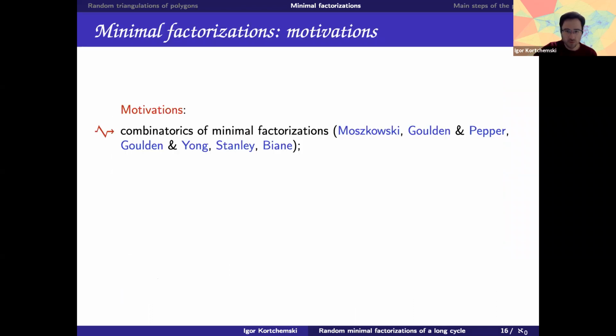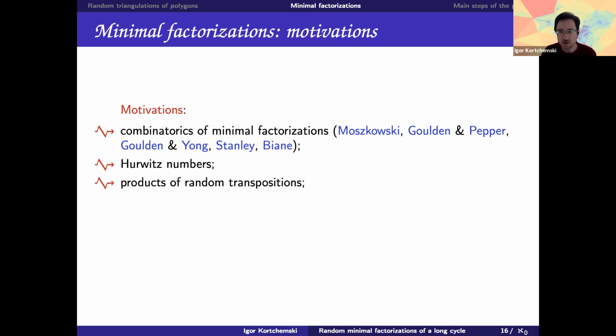And we had some motivations in mind. First, there is a very rich combinatorial structure of minimal factorizations, which is one of the motivations in studying this model. There is a connection with enumerative geometry through Hurwitz numbers and the Hurwitz formula.